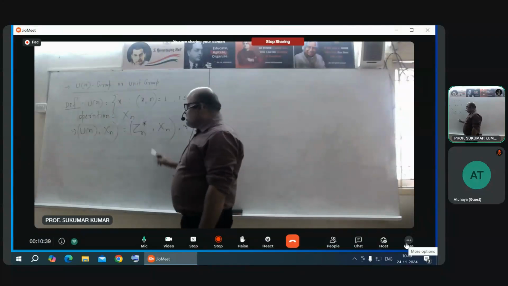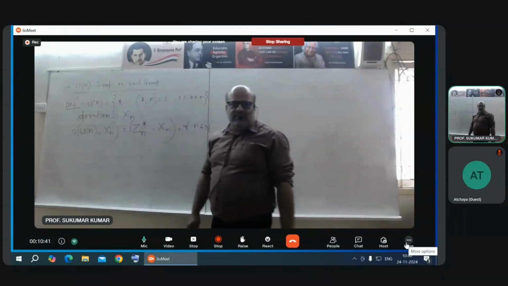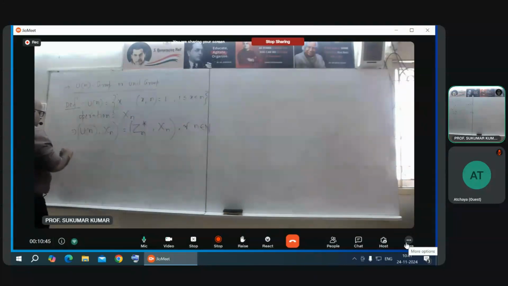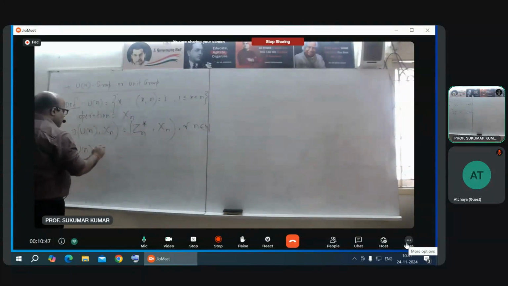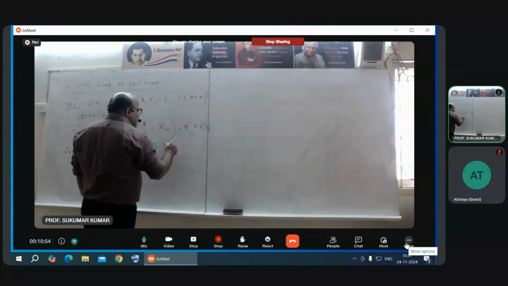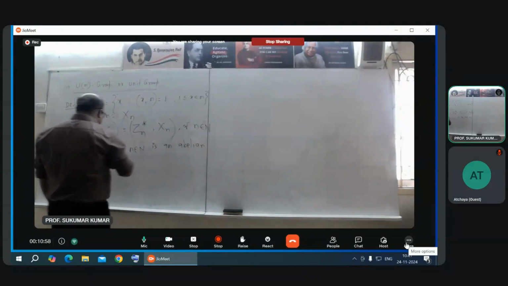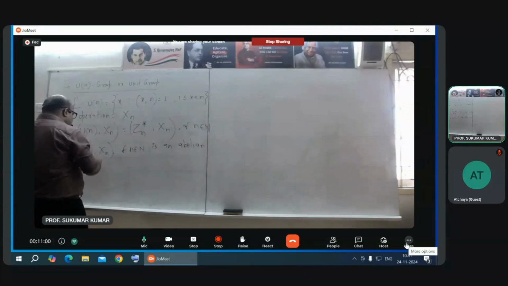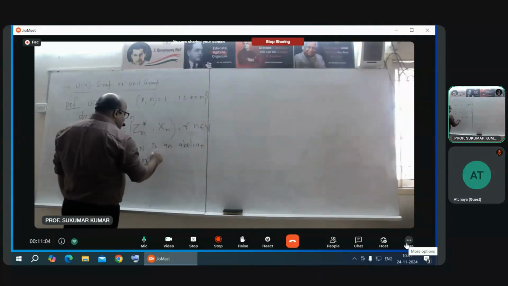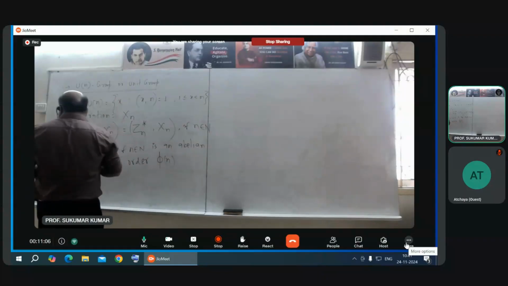So we already saw Zn star is an abelian group, correct? So we can write here also: U n group, for all n belonging to natural numbers, is an abelian group of order the number of relatively prime elements, whose notation is phi of n.